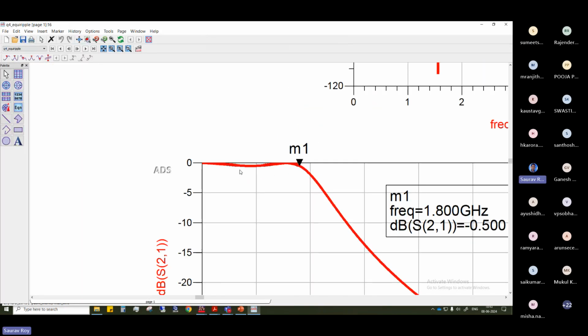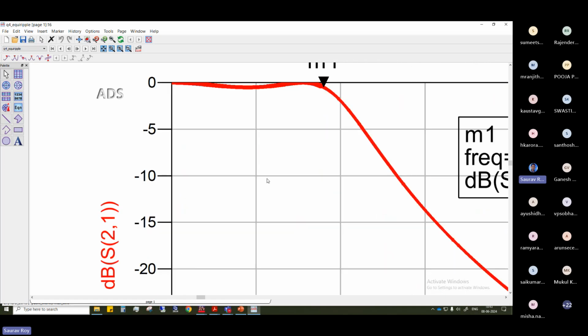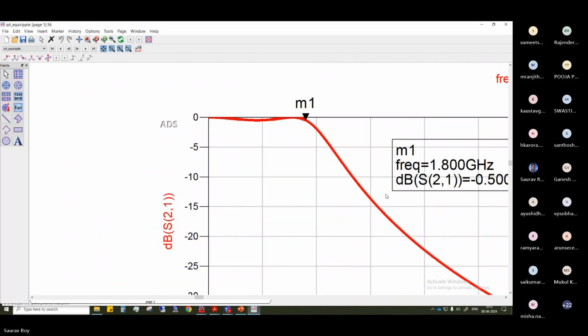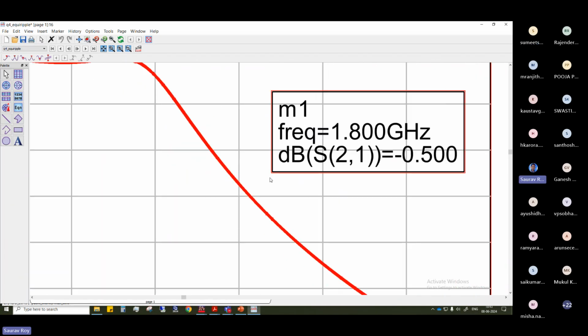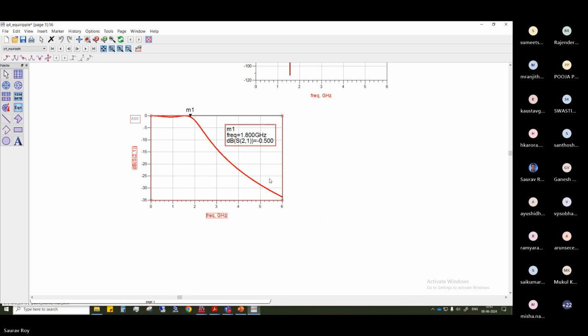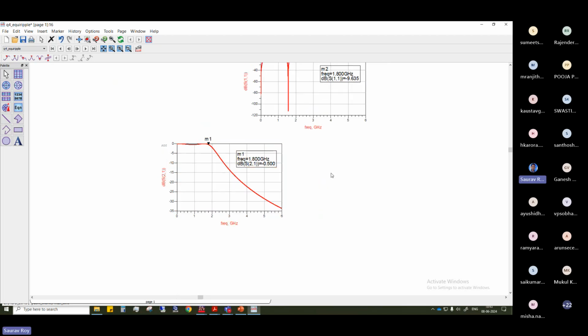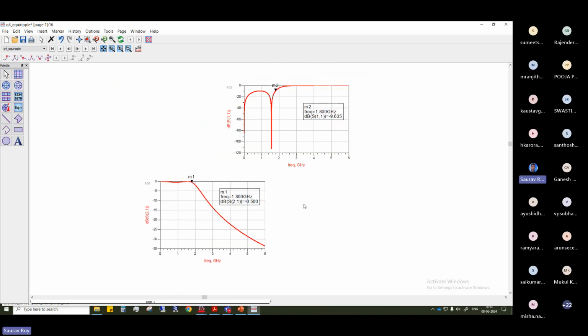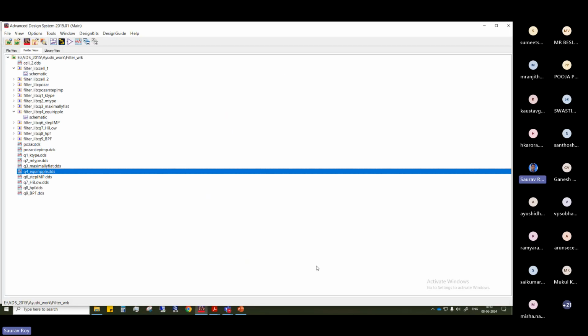There is a ripple in the S21 results because it's an equiripple filter. And if you notice, the roll-off has improved compared to the Butterworth filter. So these are very simple steps, I don't think I have to stress more on this. But later, I will focus more on the microstrip design. But you can ask me if you have any question until this.